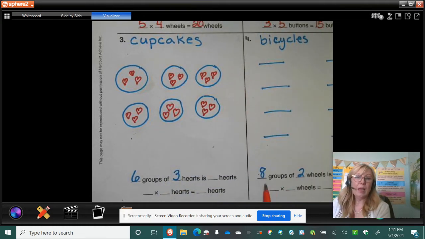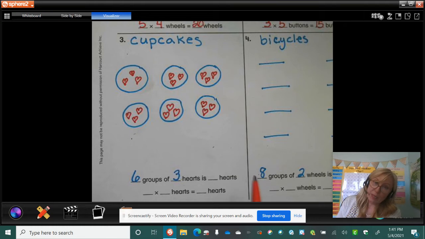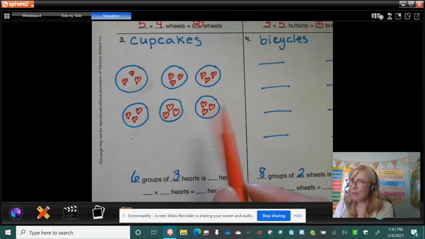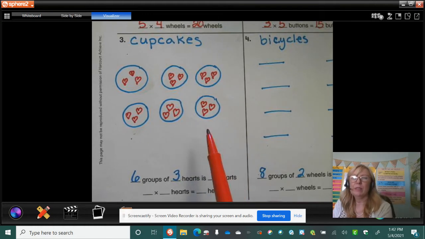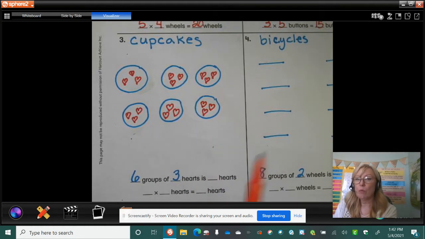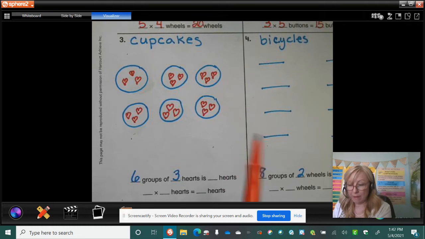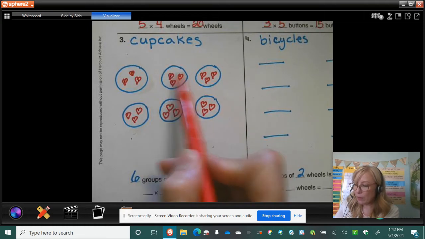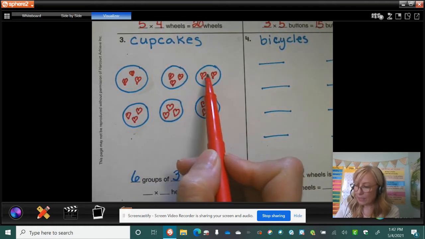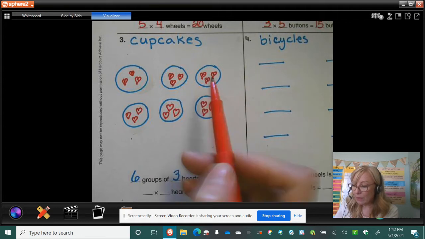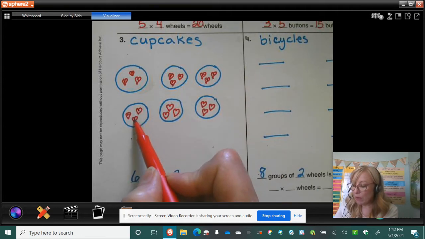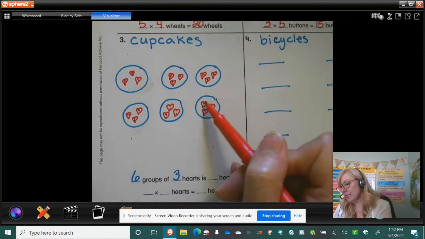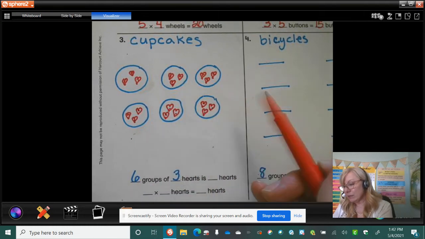Okay, I'm done drawing my 6 cupcakes with 3 hearts on each one. Now I need to count my hearts. I'm not super great at counting by threes, so I'm going to go ahead and count by ones and add them all up. 1, 2, 3, 4, 5, 6, 7, 8, 9, 10, 11, 12, 13, 14, 15, 16, 17, 18.